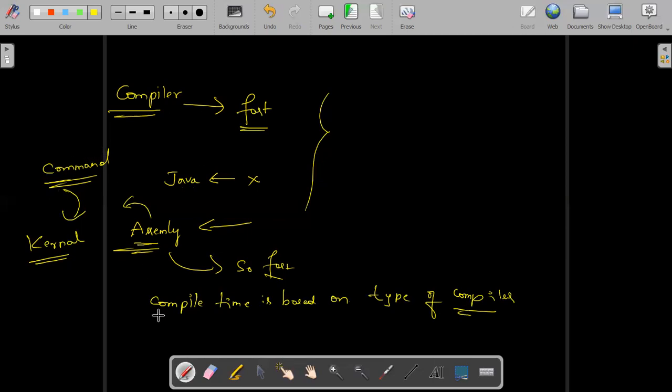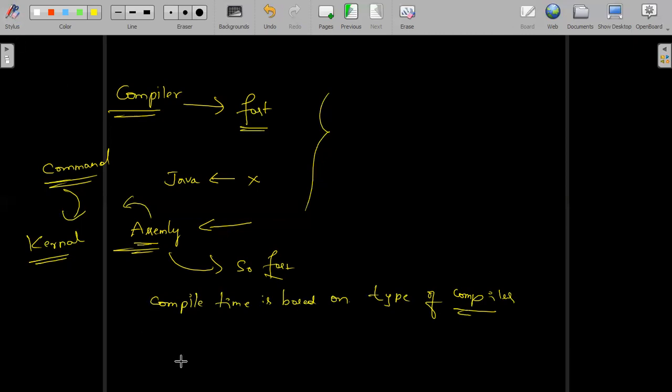Again, one more important thing: execution is based on the type of processor. That is what I am telling you.